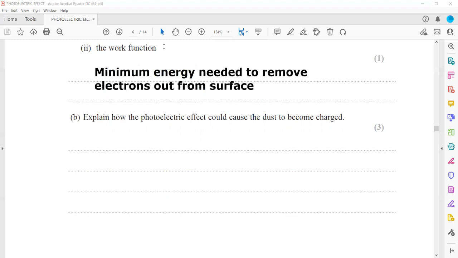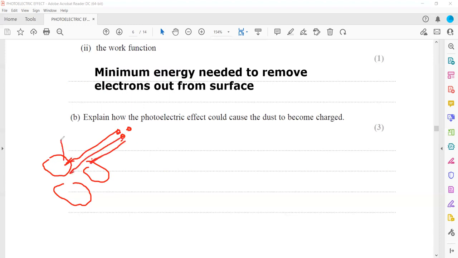Then explain how the photoelectric effect could cause the dust to become charged. So for example, this is a dust particle; how can this dust particle be charged by the photoelectric effect? Basically, the light in the form of particles or photons falls on the metal surface or the dust surface.